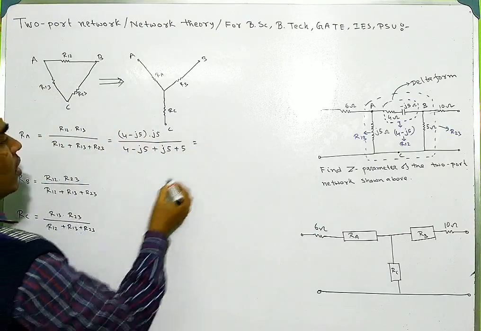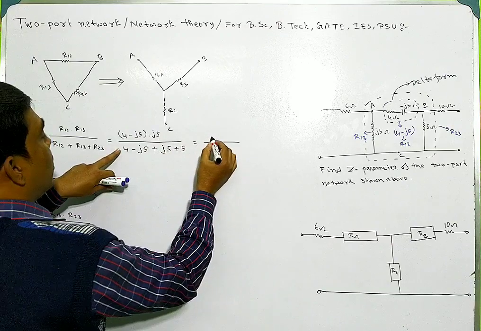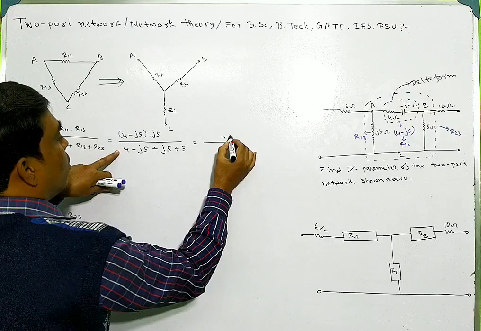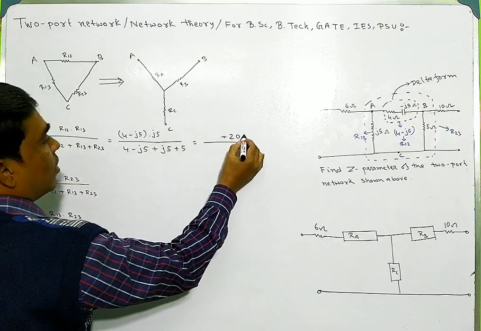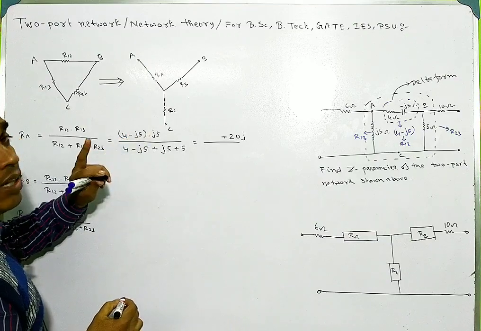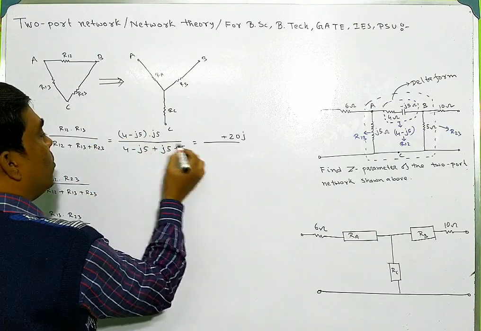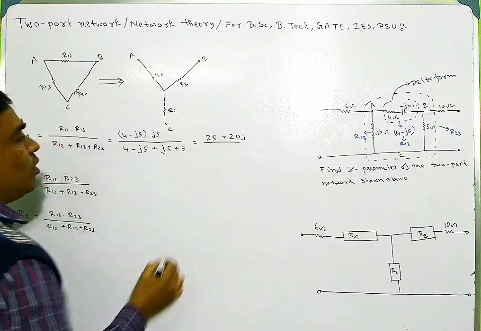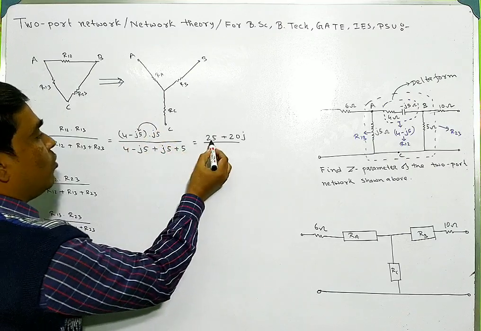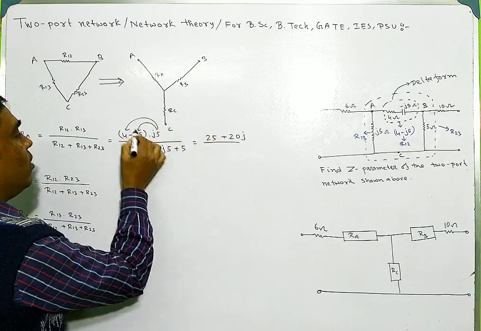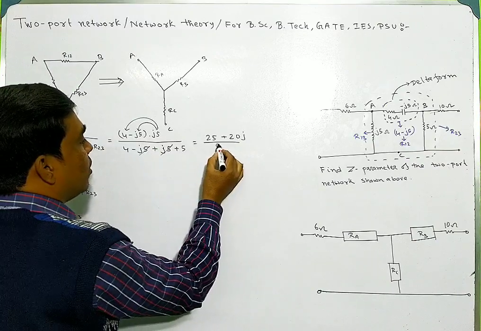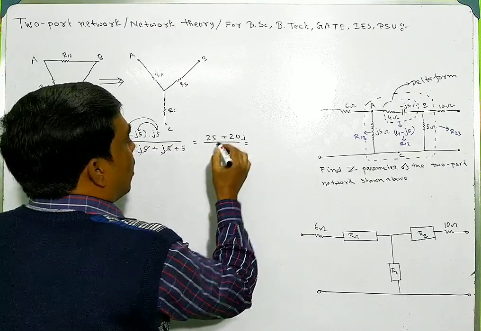So in this case the numerator will be 25 plus 20 J, since J square is equal to minus 1. If I multiply this into this, it will be 25, and this into this, it will be plus 20 J, and this cancels out, so the denominator is 9.